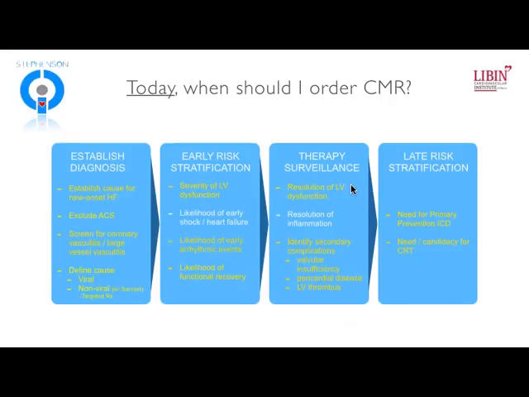There are ongoing investigations, certainly in Canada, looking at whether or not that actually changes management or whether it's prognostic. But I think that certainly in the setting of suspected myocarditis, it's a very reasonable test to order.